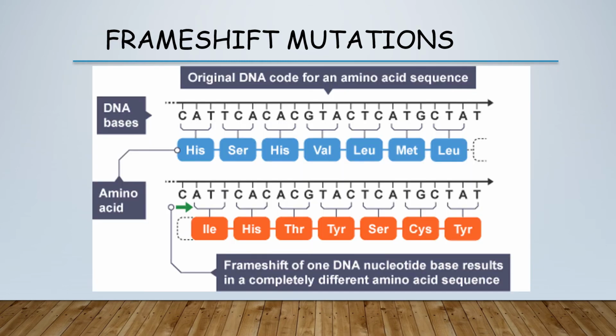So here's an example. We've got before and after, and as you can see, we should have started at CAT, but instead we've shifted down and we're now starting at ATT. And this C has obviously ended up as the 3rd base of a previous codon.